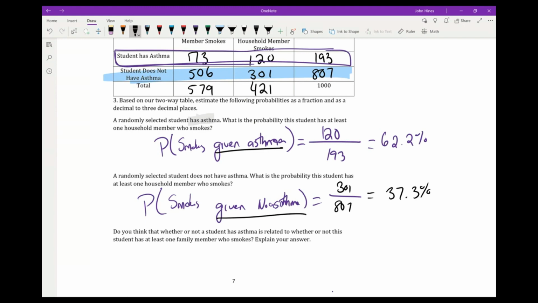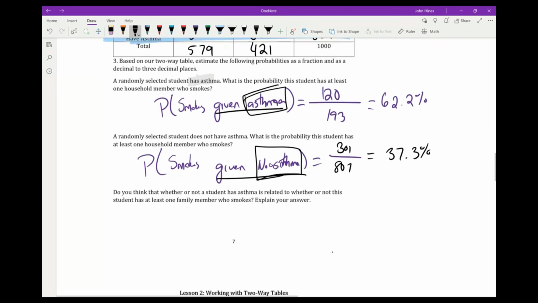Do you think whether or not a student has asthma is related to whether or not a student has someone who smokes? Well, everyone who had asthma, 62% had someone who smoked in their house. Just looking at the people who don't have asthma, only 37% of them.